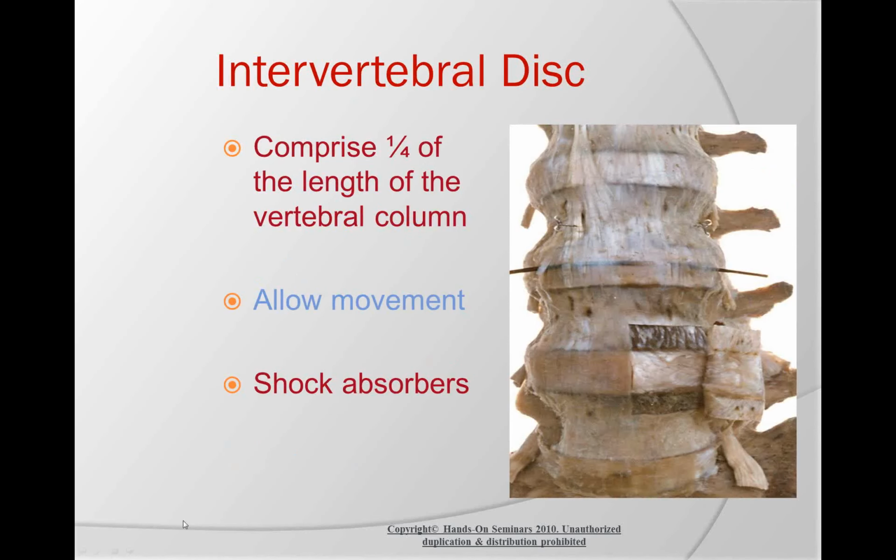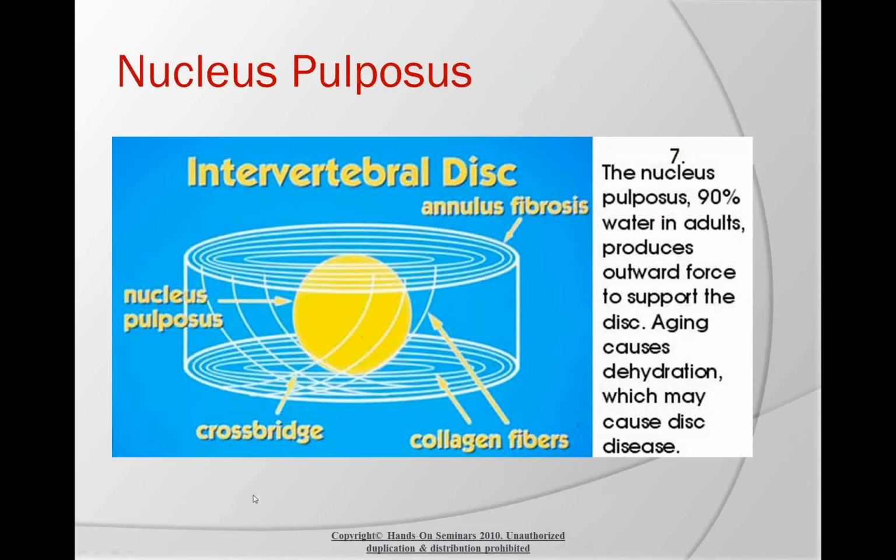It allows movement, it becomes a shock absorber, and also what is very interesting that I'm depicting in this slide is that the fibers of the annulus fibrosus, as you can clearly observe here, are arranged in a cross bridge formation. As you can see here, we have fibers that are crossing with each other there and there.